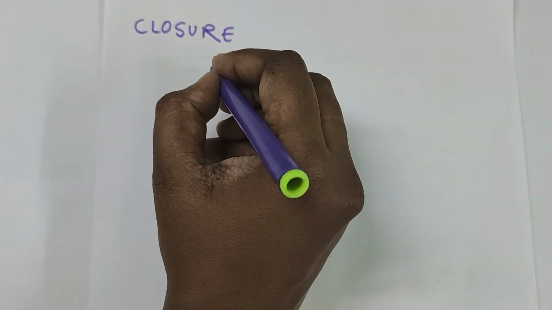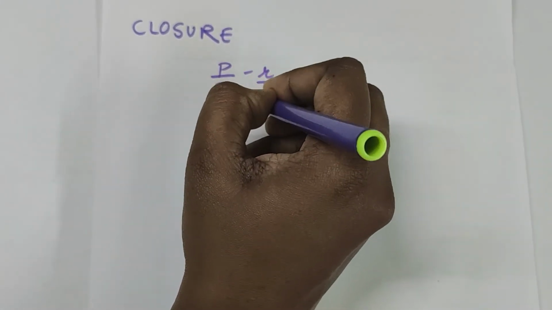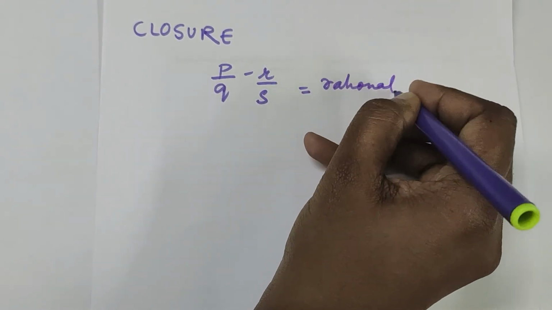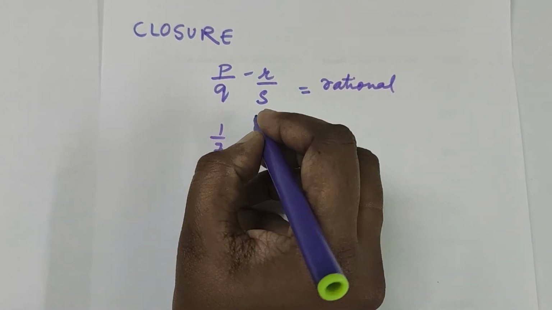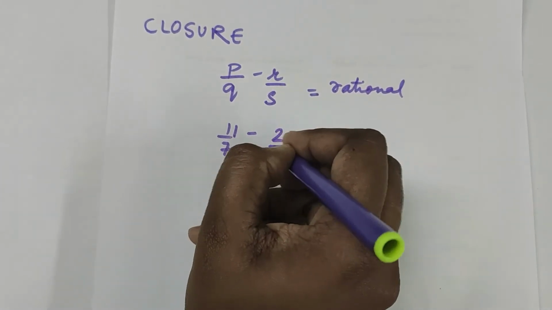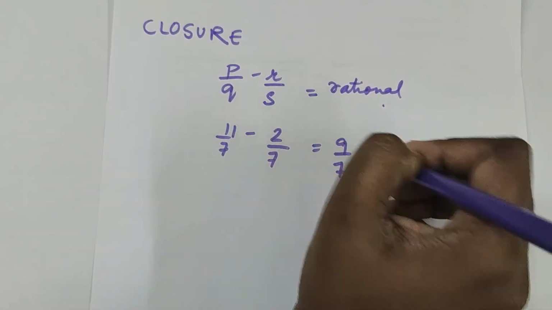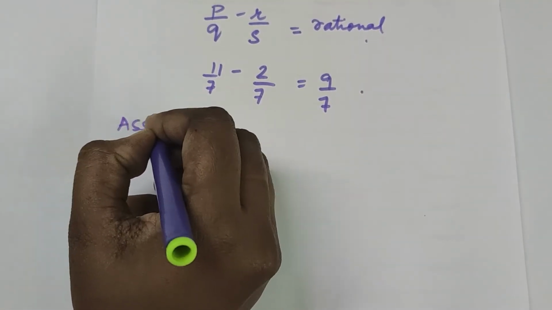It states that when I subtract two rational numbers, I get a rational number as the result. For example, if I subtract 11 by 7 minus 2 by 7, my result is 9 by 7, which is a rational number.